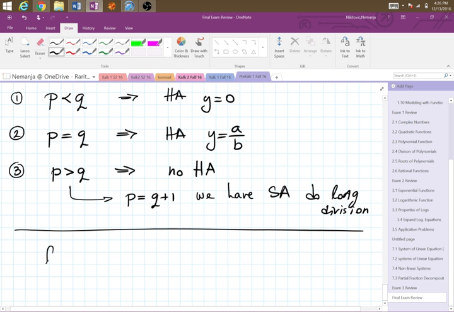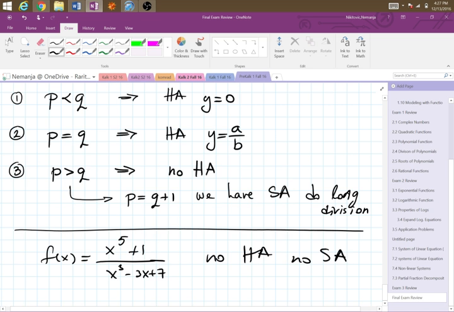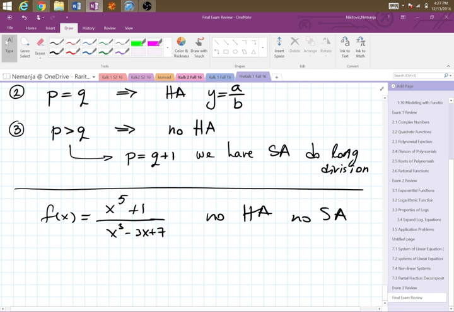Now, if you have an example, x to the 5th power plus 1 divided by x cubed minus 3x plus 7, these are off by 2, so no slant. Because if you divide, the exponents must be off by 1. Look, when you divide x to the 5 by x cubed, what do you get? x squared.